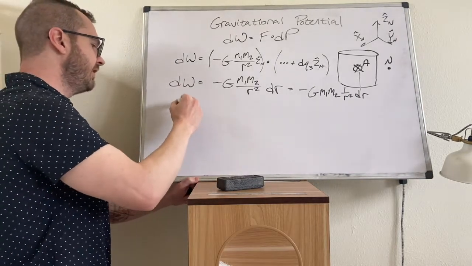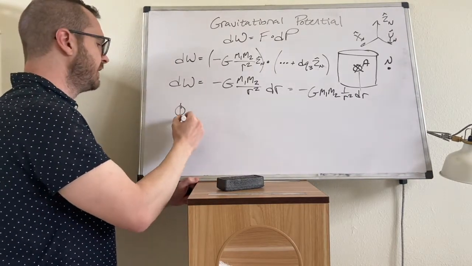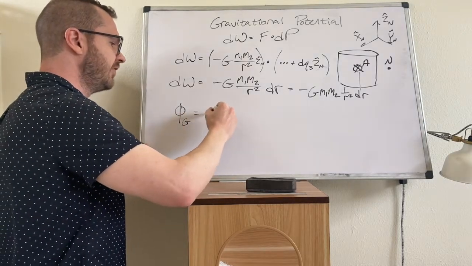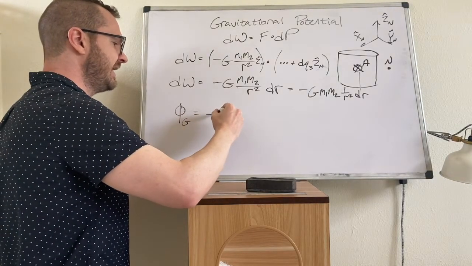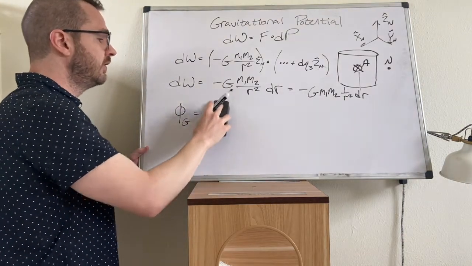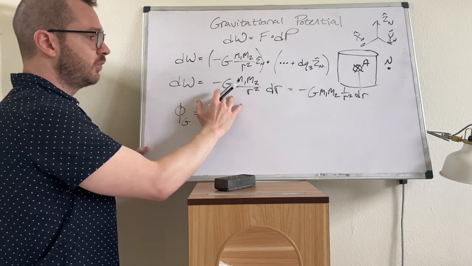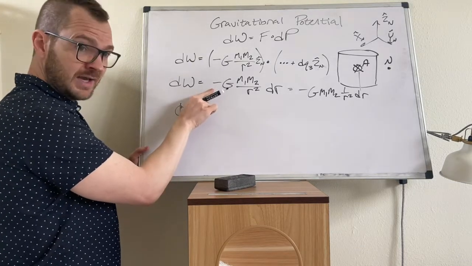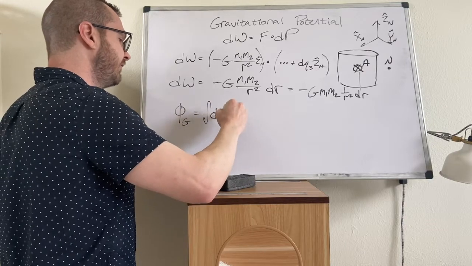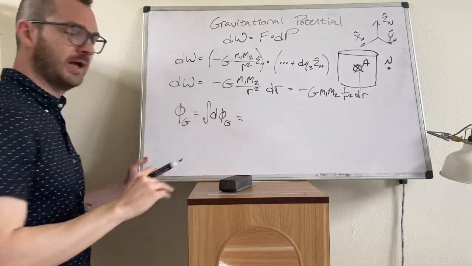So we want the potential energy expression. I'm going to go ahead and put the G on it, so this is the gravitational potential. We know that this is negative of W, so we can take the negative of it, which means the negative cancels, and we're going to solve for this by integrating.